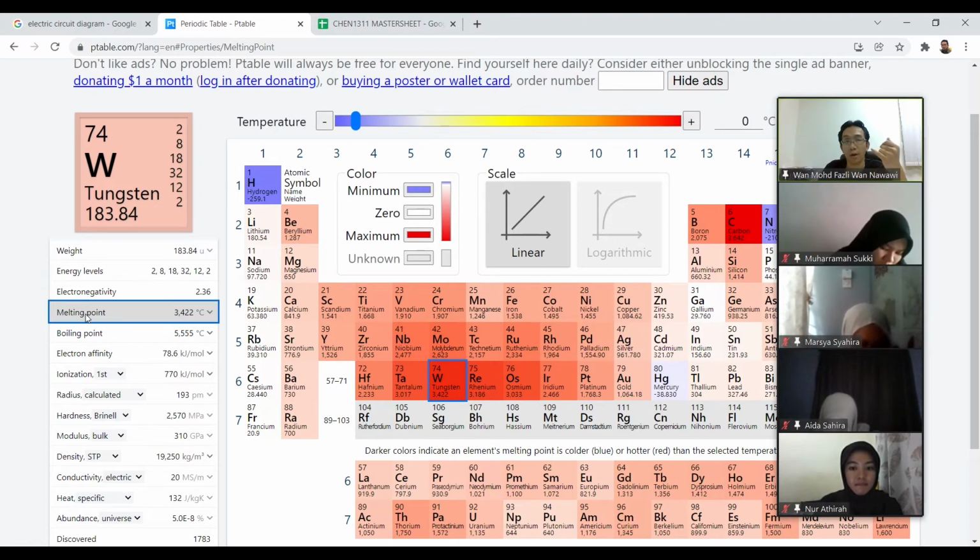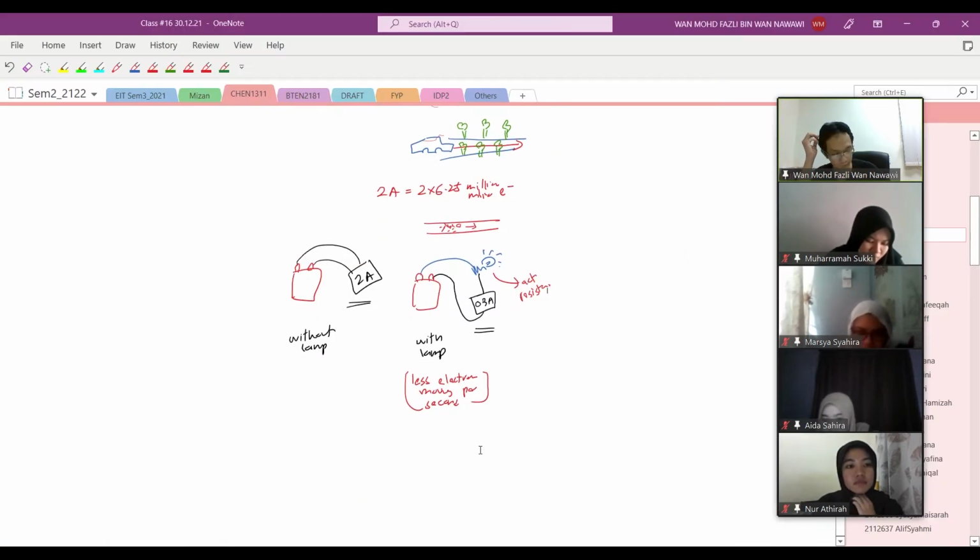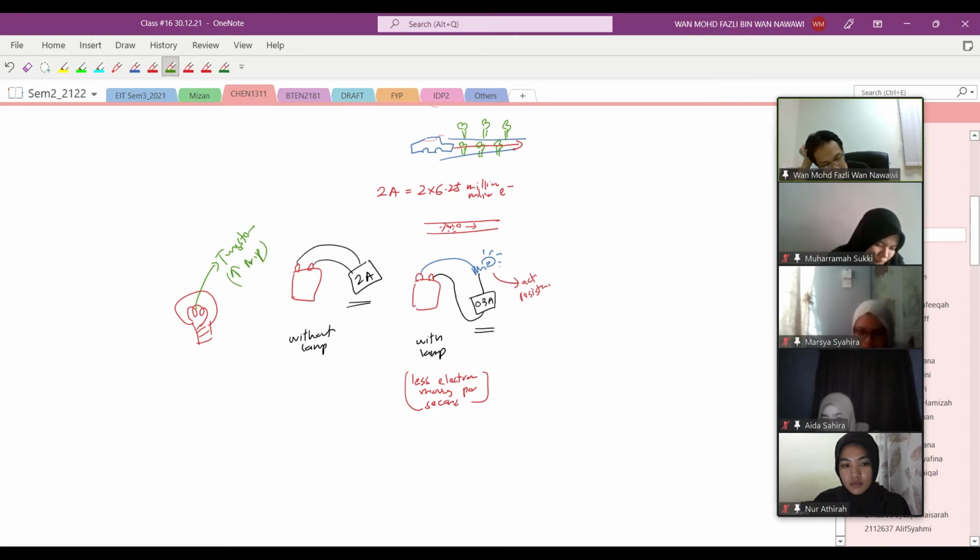If you use another wire, for example iron, inside this thing, it will snap, it will burn before it can glow.